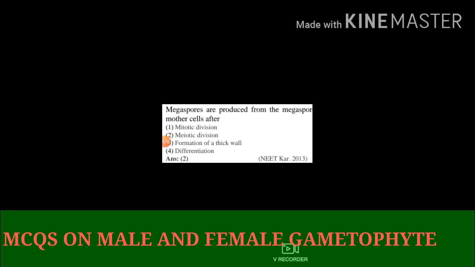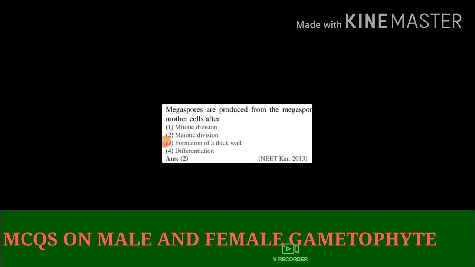Next question. Megaspores are produced from the megaspore mother cells after. That means the megaspores are produced from the megaspore mother cells. The process is called megasporogenesis. That means megaspore mother cell is the diploid cell and megaspores are haploid.